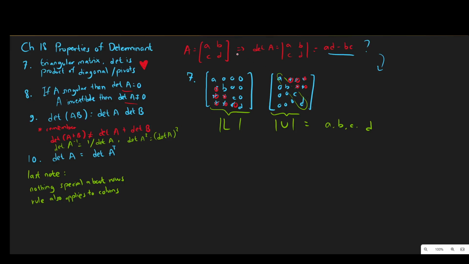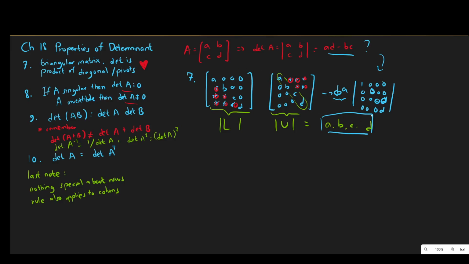Then from property 3 you can pull out the A first, then the B, then the C, and you get the idea. So you're left with A times B times C times D. That's why I really like this property, because it really simplifies the computation for a triangular matrix, either lower or upper triangular.